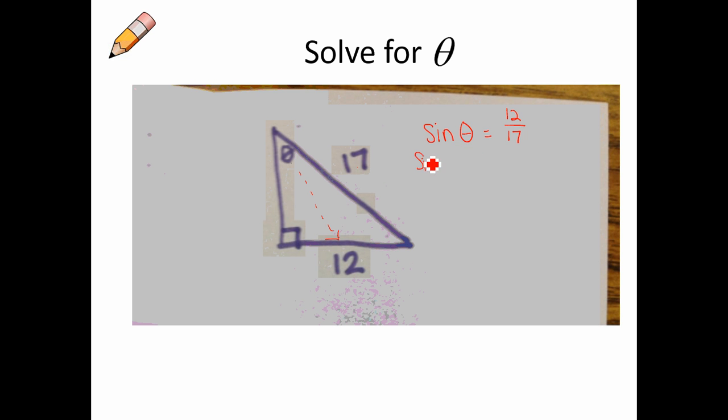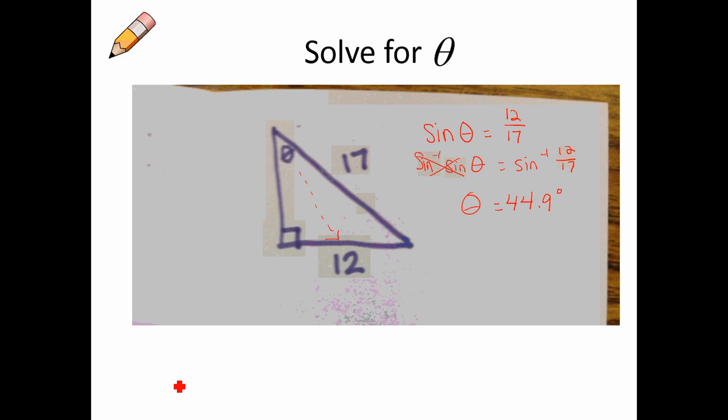Well, I do the sine inverse of both sides. So I'd have theta equals, and then I'd ask my calculator. Now remember, sine inverse is located above the sine button. Sine inverse of 12 divided by 17, and I just type that all in, and I get 44.9, so approximately 45 degrees.